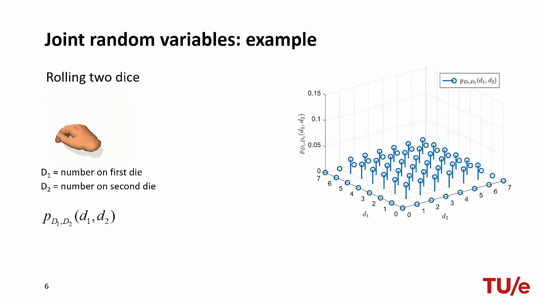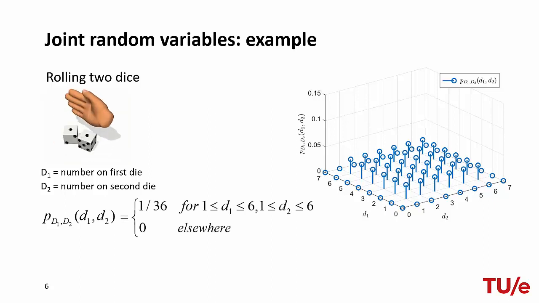Let us now build the joint probability model for d1 and d2. We can define this as a probability mass function. For this very simple case, this is given by 1 over 36 for any d1 and d2 in the range. The range in this case is given by d1 being any integer between 1 and 6 and d2 the same, being any integer between 1 and 6.